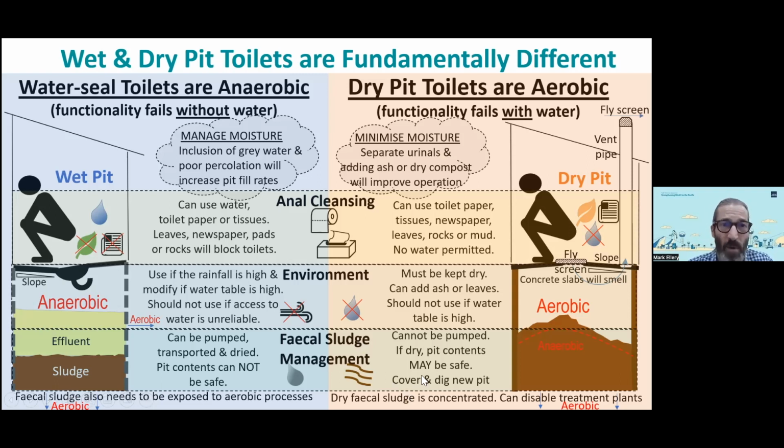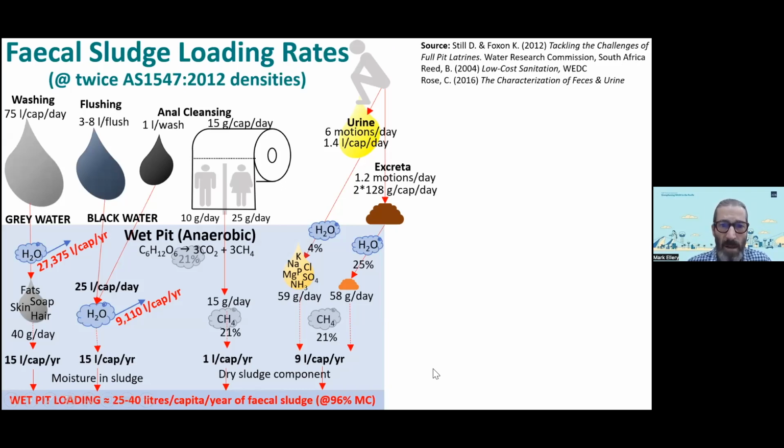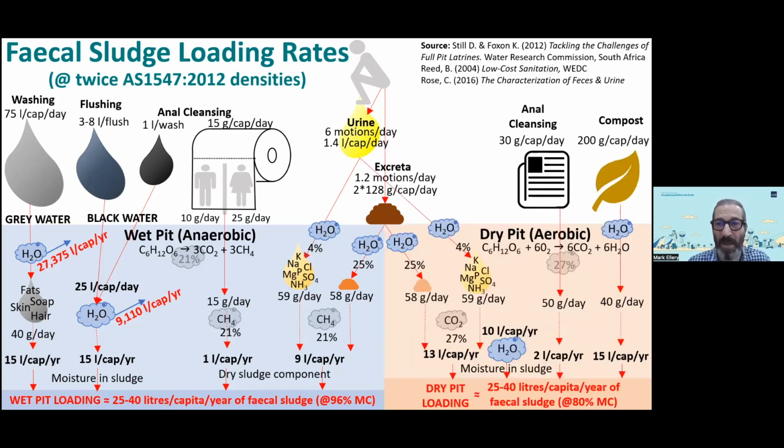And just to run through the implications of that, in terms of the wet pit toilets, there's a whole range of factors that affect how quickly they will fill up, in terms of how much grey water and black water they receive, and similarly for dry pit toilets.